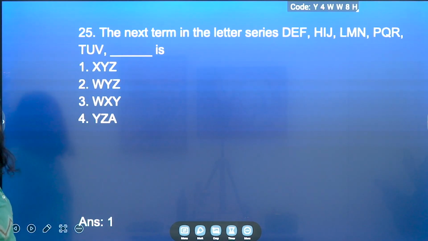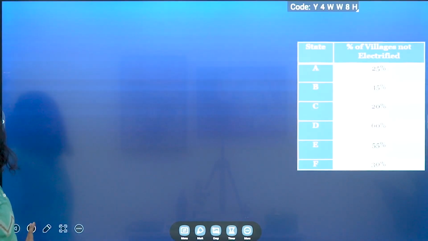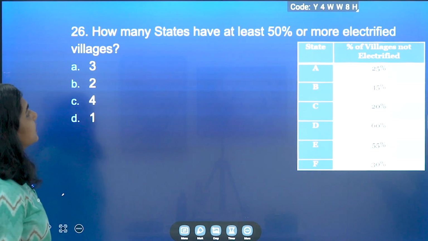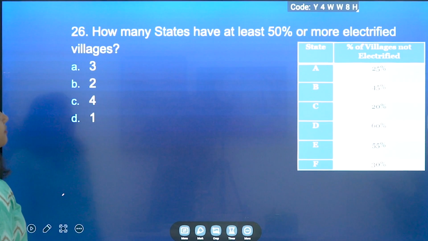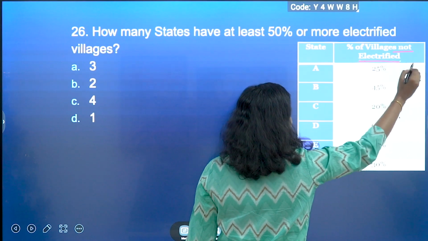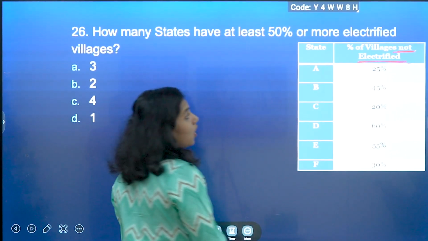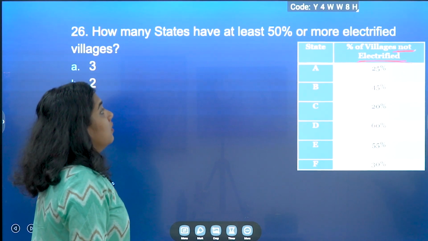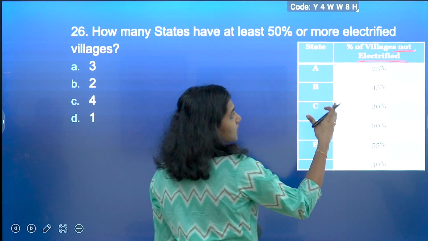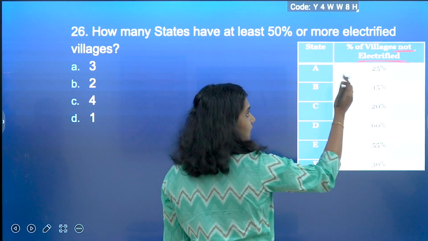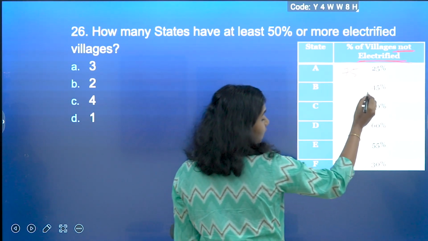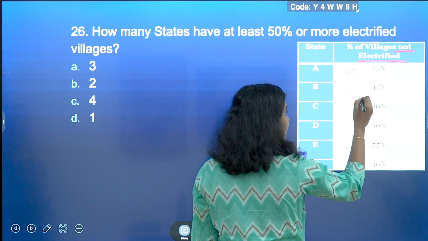Moving on to the next question. This is a data interpretation question. How many states have at least 50% or more electrified villages? This is the percentage of villages not electrified. If 25% is not electrified, then the percentage electrified will be 100 minus 25, that is 75. If non-electrified is 45, then the electrified will be 55.